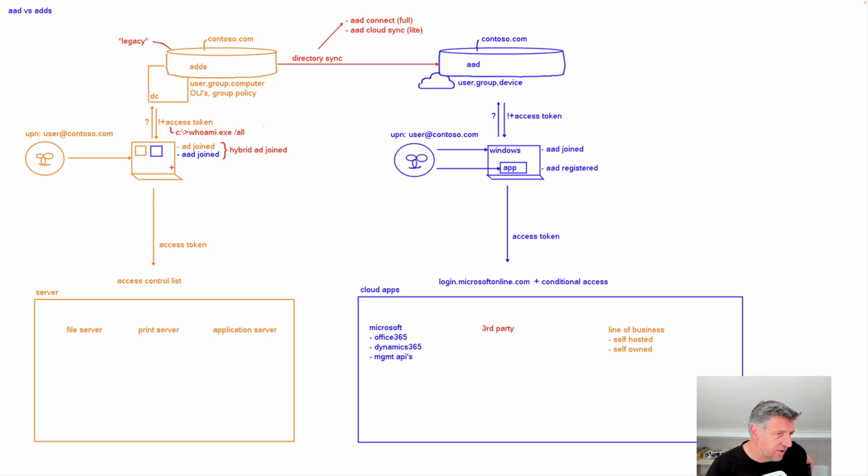A user can sign in into a device that is hybrid AD joined, and then it allows access to, well, not only local resources, but because of this sign-in capability, this device is now also able to, for example, connect to cloud-based resources because of the hybrid AD join situation. So that is one of those capabilities.